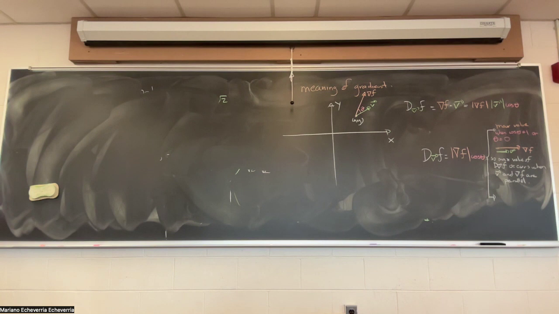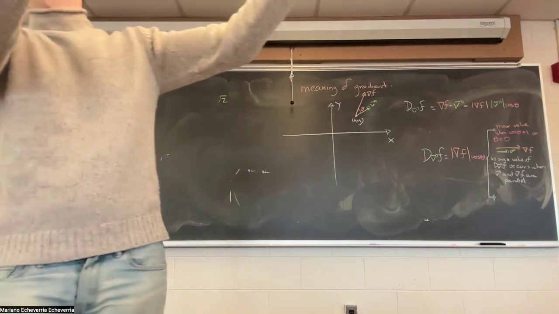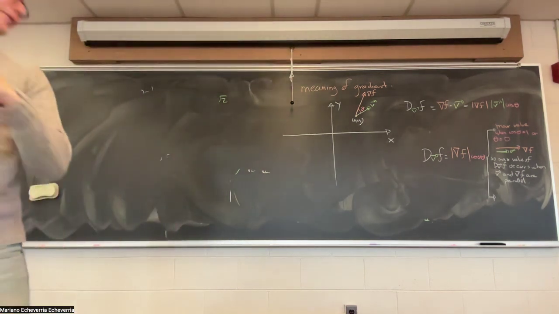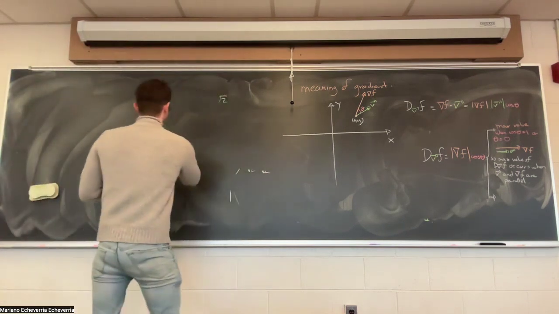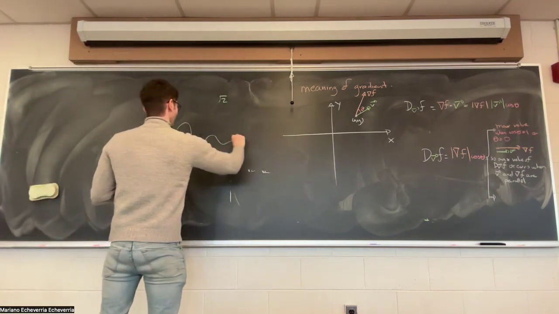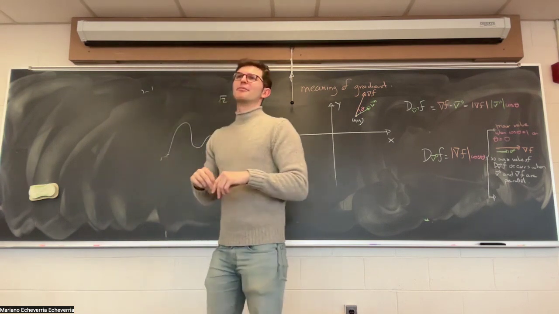At this point, like the absolute maximum? Well, it would be kind of a local max, right? Here's another analogy. You have a bunch of mountains, right? Maybe you like mountain climbing.